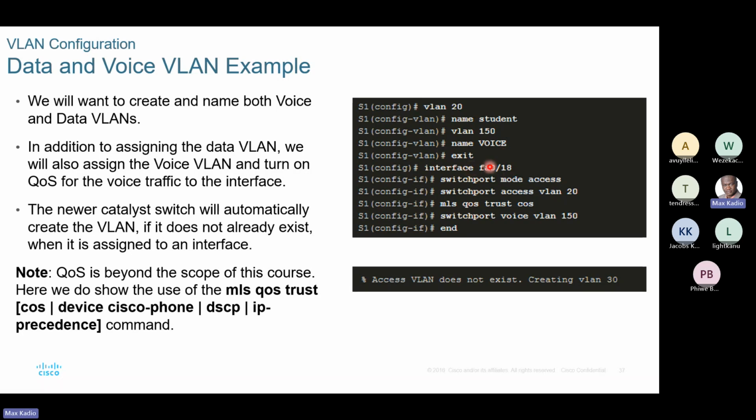You assign this port to VLAN 20 for normal data, like what we did: switchport mode access, switchport access vlan 10. It means this port belongs to VLAN 10. But because I plug in an IP phone, I need to add the voice config also. This is how we add.